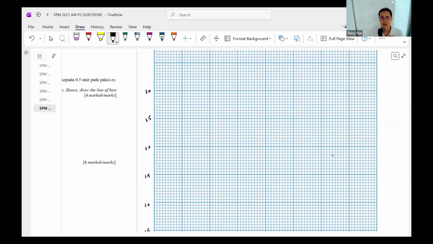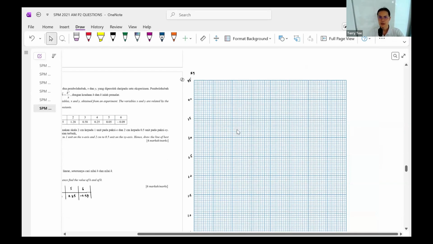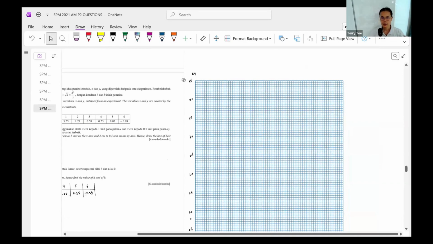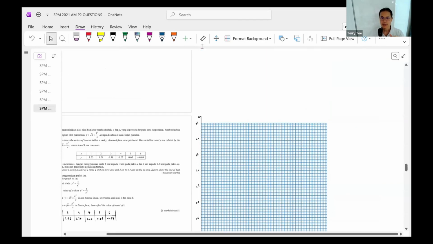My largest value is 4.0-something, so we should go all the way up to maybe 4.5 here. This is your xy. Let me just draw a line going up all the way.